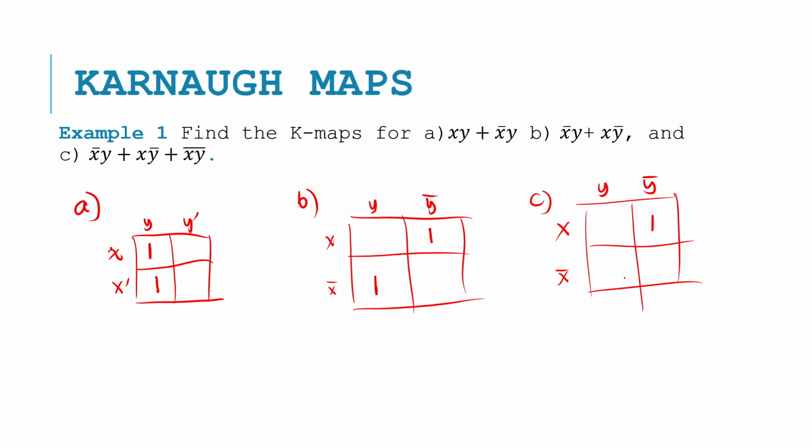The second min term, xy complement, is the one on the upper right. And the last min term that we have for this Boolean sum is x complement y complement. So that's this one. These are the K-maps for A, B, and C.